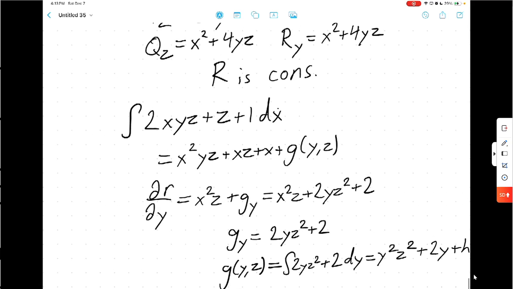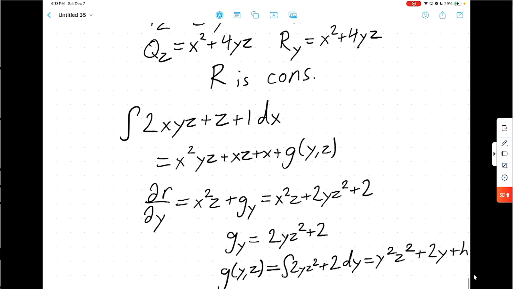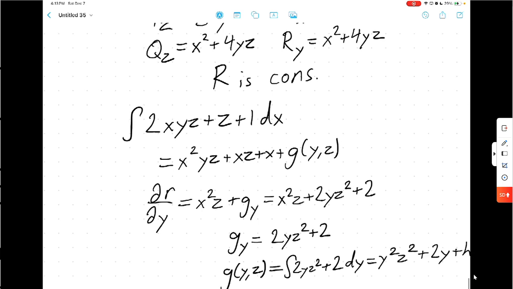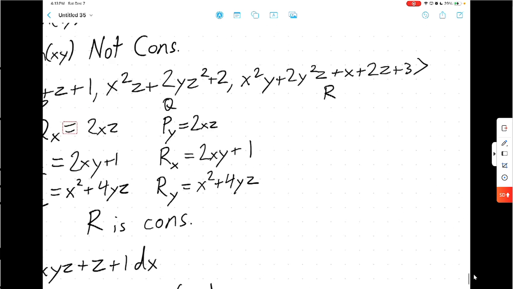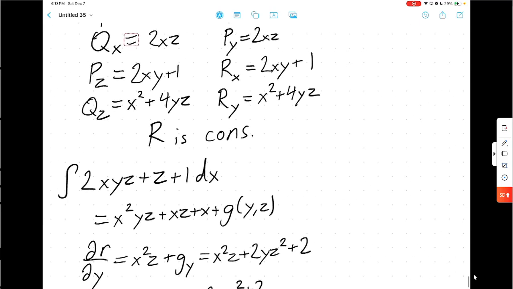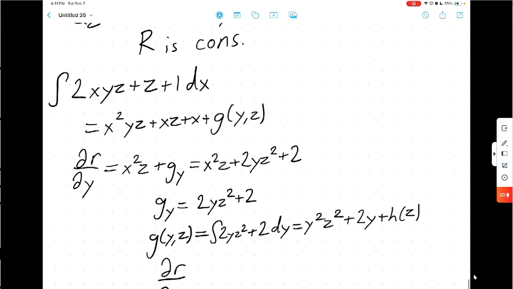That's because when we integrate this expression with respect to x, if we took a derivative of the expression we got back, if there was another function of y or z, it would become 0 and get annihilated. So when we try to find the potential function, we have to account for this with another function. This is also why we don't have the plus c, because that could also be inside the function itself.